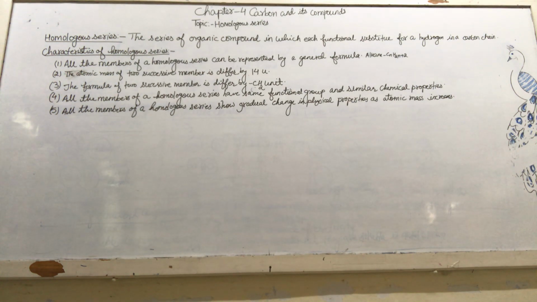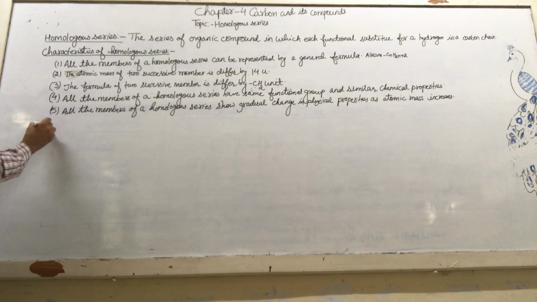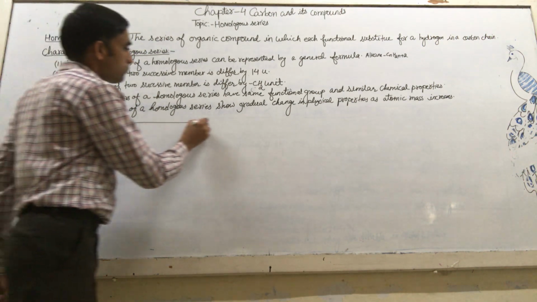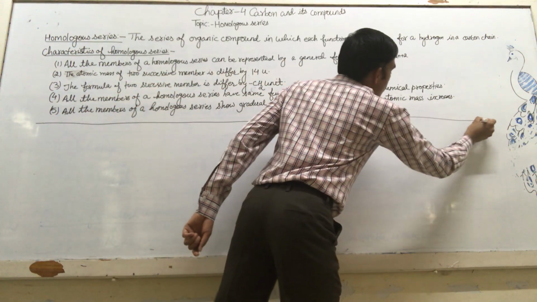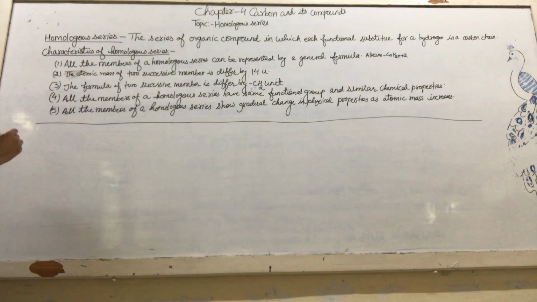Now we are going to discuss homologous series of different compound types, and we can see it in a tabular form. Homologous series of alkane.